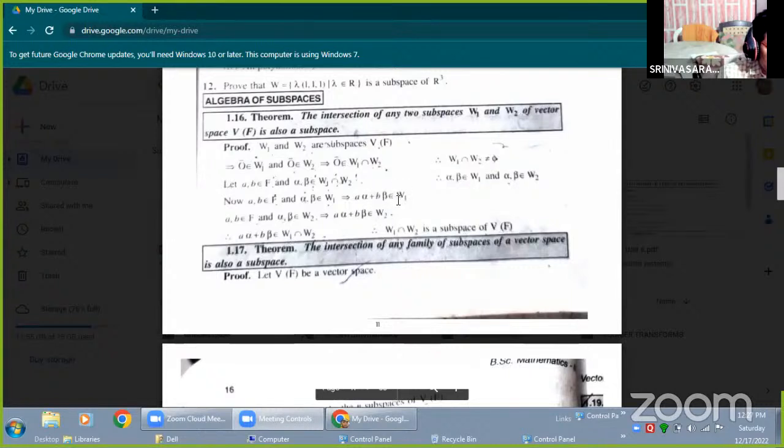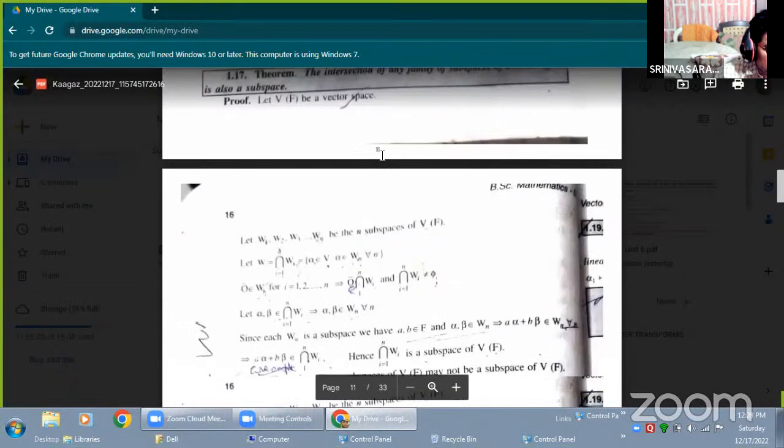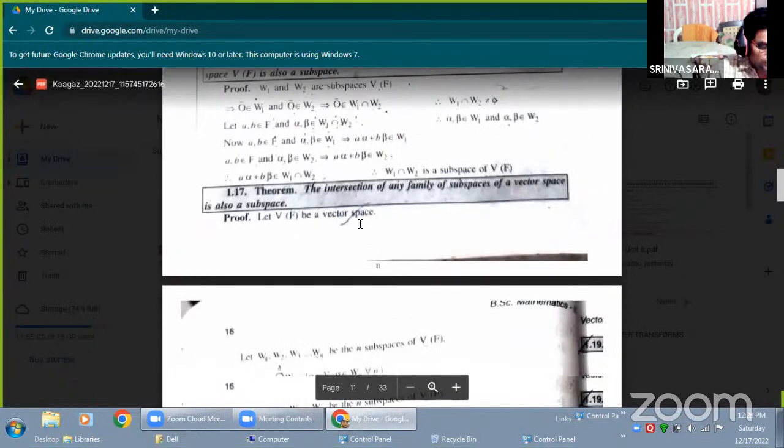A alpha plus b beta is the necessary and sufficient condition, a one-step test for a subspace. That's why, as there are common elements in W1 and W2, the intersection W1 ∩ W2 is a subspace. This proof is also seen in your textbook, as the theorem that the intersection of subspaces is a subspace.